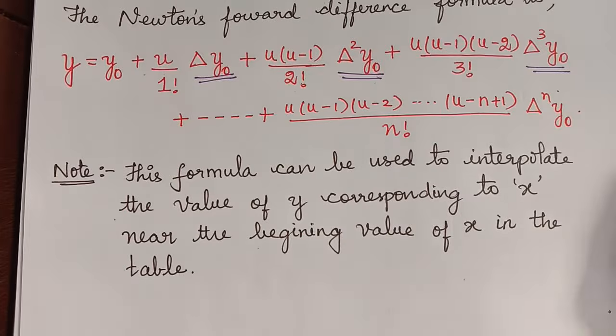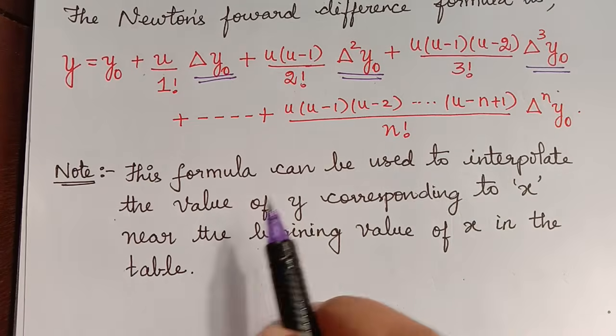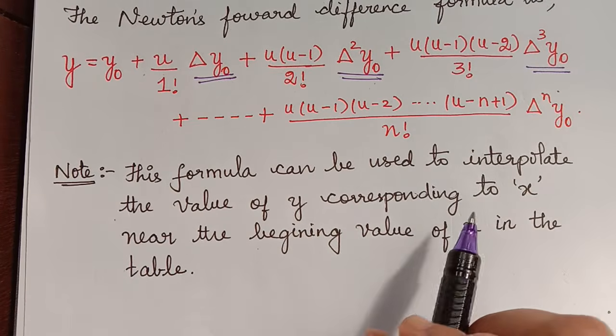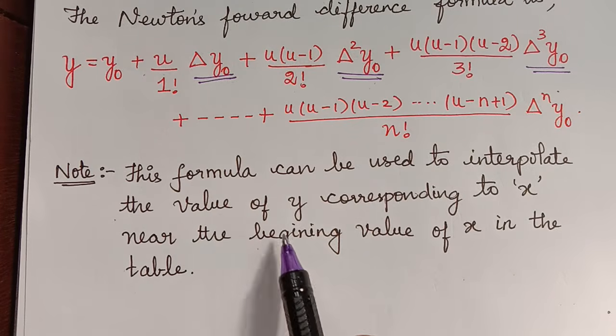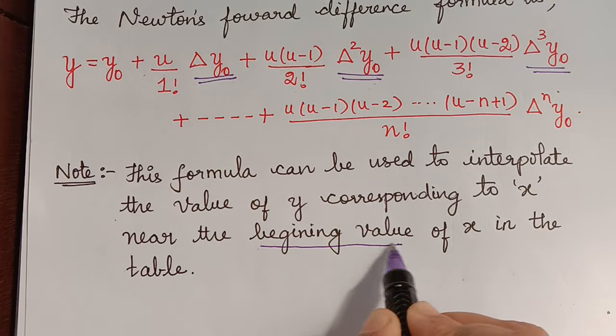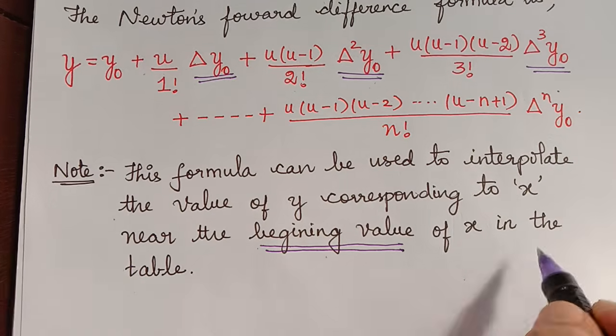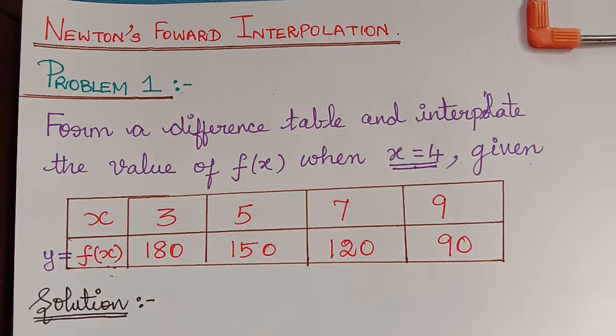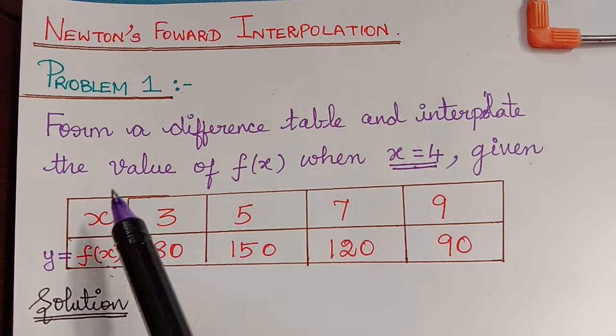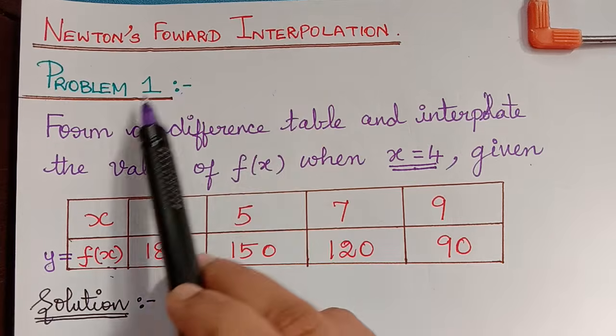This formula is used to interpolate the value of y corresponding to a value of x near the beginning value. So this formula will be used whenever x lies at the beginning of the table. In our next video, we will be learning the problem on Newton's forward interpolation formula.